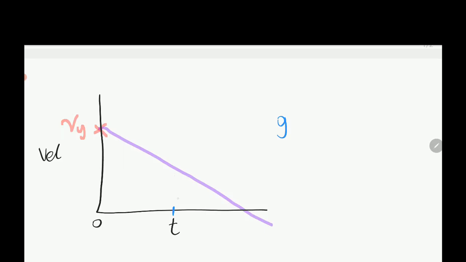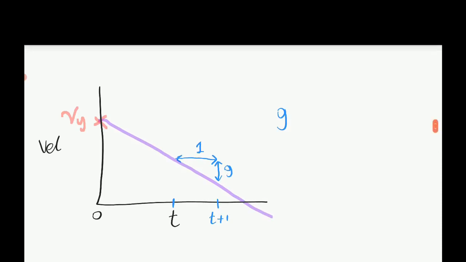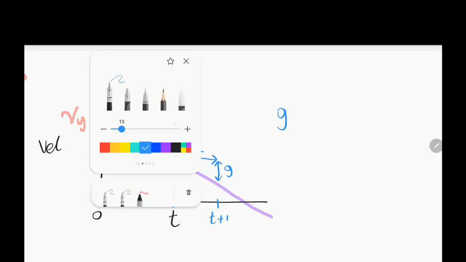So if we change t, let's say from t to t plus 1, then we should imagine that during this unit time, this line is going to decrease by g. So we can then get an equation for our velocity.